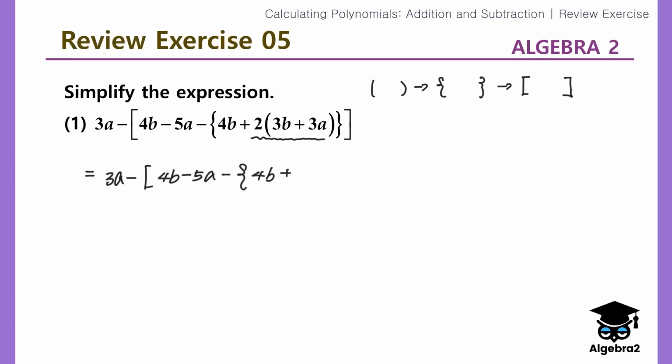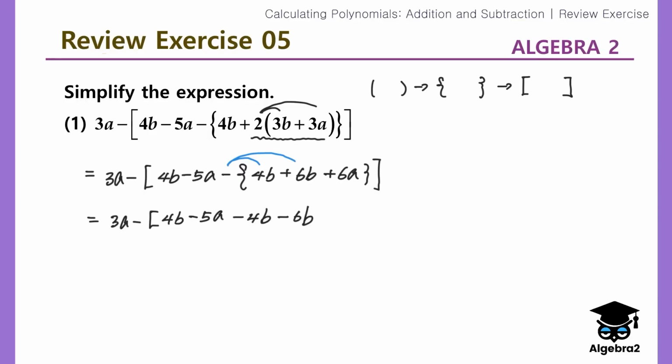4b plus 2 times 3b, 6b, 2 times 3a, that's 6a, right? So 3a minus 4b minus 5a, here minus times 4b, that's minus 4b, minus times 6b, that's minus 6b, minus times 6a, that's minus 6a, right?